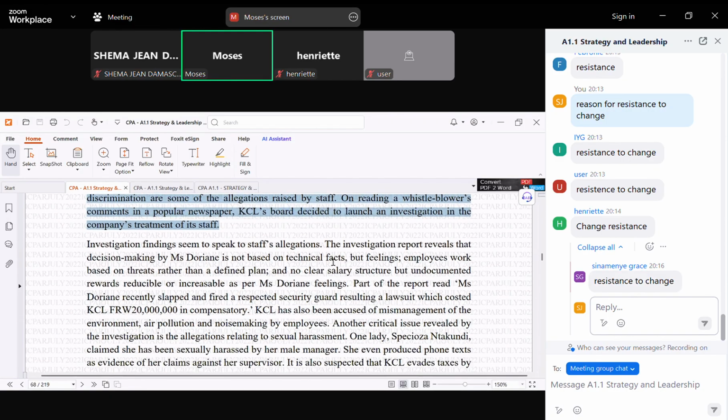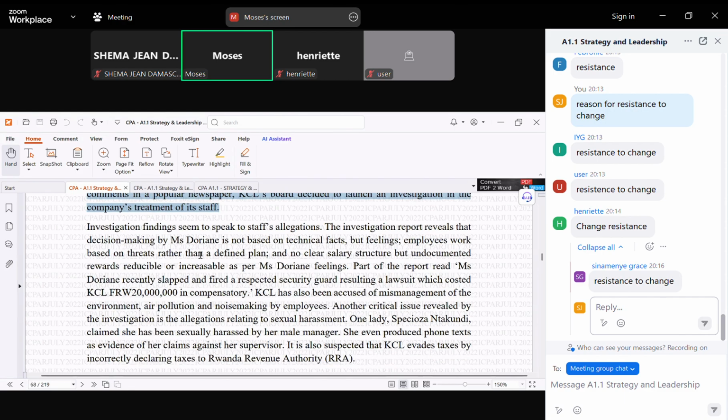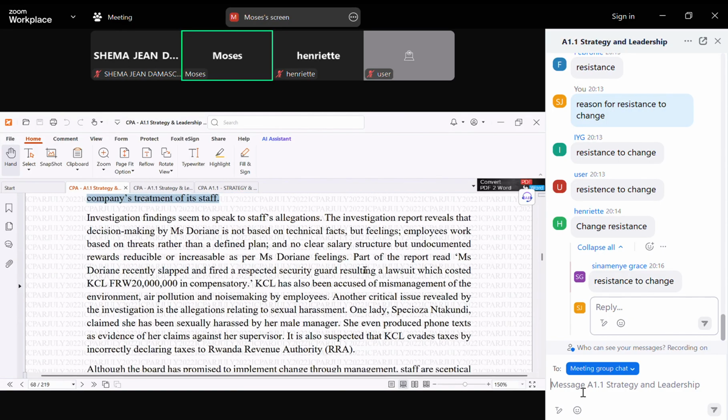So they come here and say, decision making by Mrs. Doriane is not based on technical facts, but feelings. Employees work based on threats rather than on a defined plan. No clear salary structure, but undocumented rewards reducible or increasable as per Mrs. Doriane's feelings.